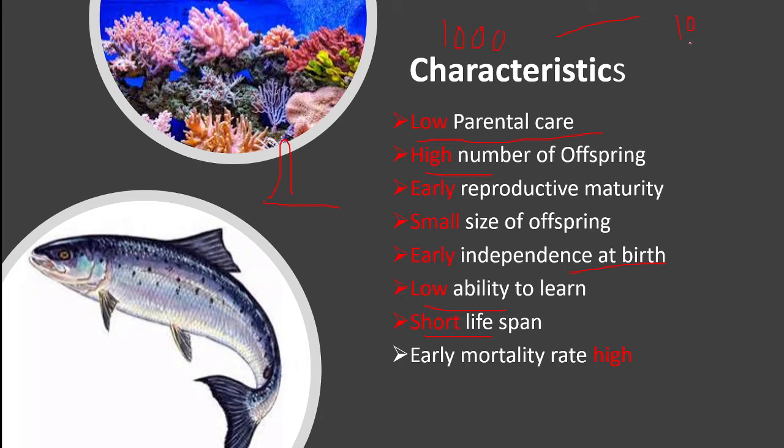But even if 10 are surviving, they are able to continue the species. So that is their strategy. They have adopted the strategy that they will produce a large number of offspring in a short period of time and they will not spend their energy in rearing and bringing up the offspring.